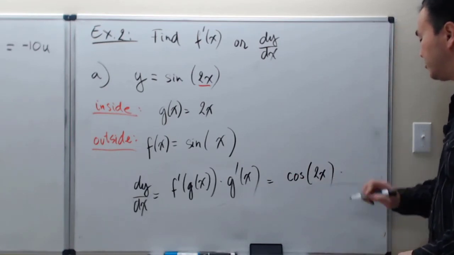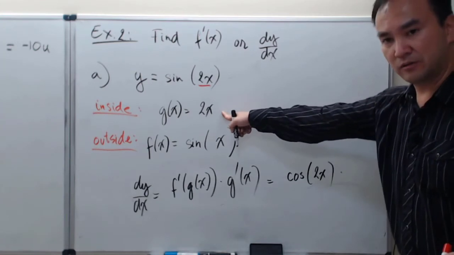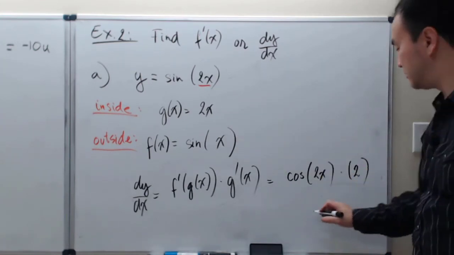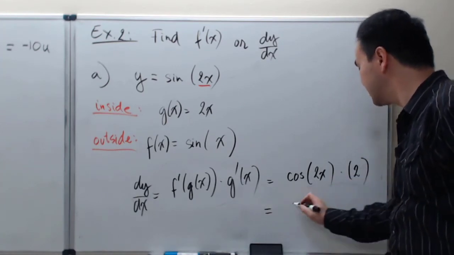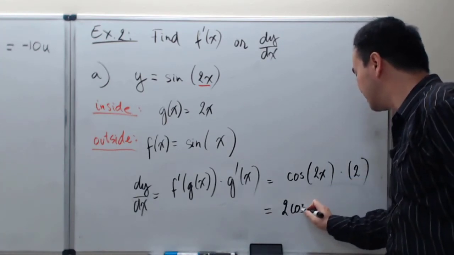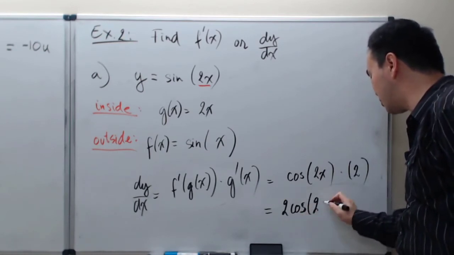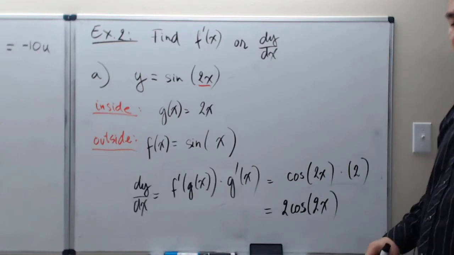And now I need to multiply by g prime. With g being 2x, g prime is simply 2. So in a more simplified version, this is 2 times cosine of 2x. So we got our derivative.